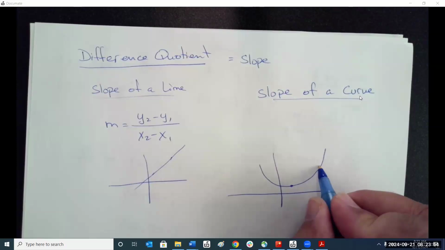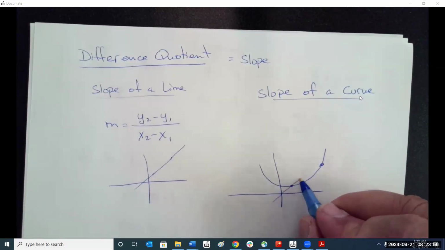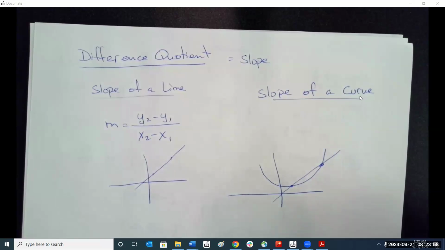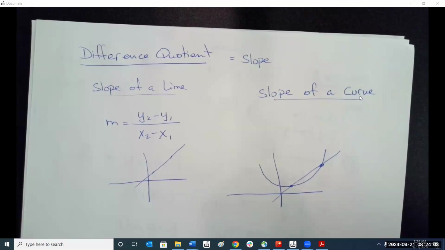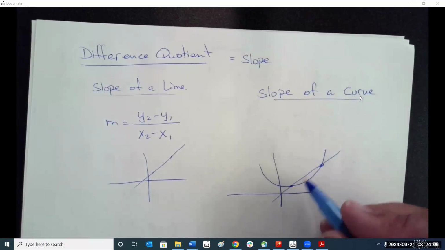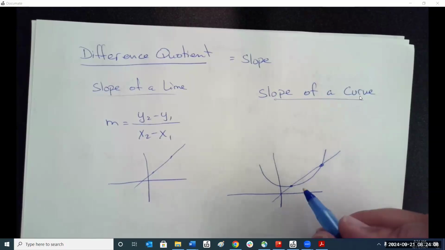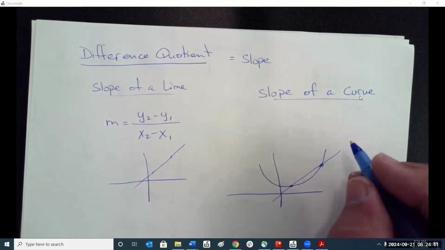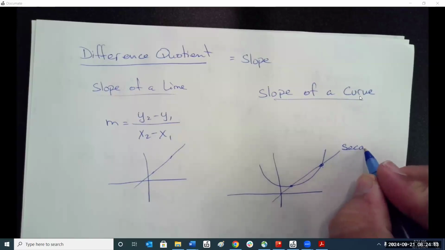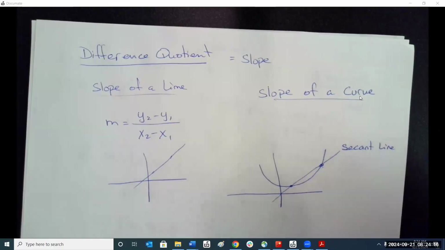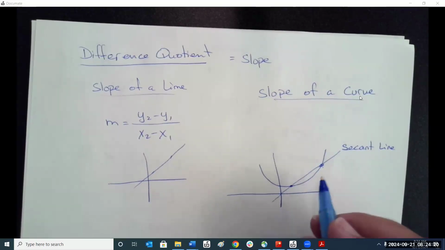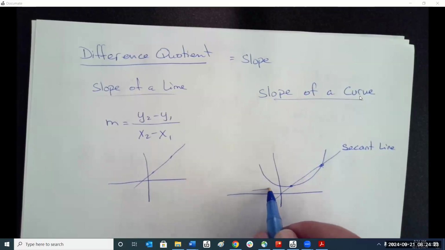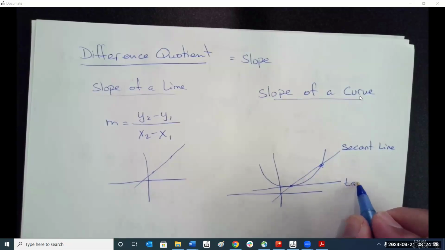If I had a point here and a point here, and I drew a straight line, that's not the slope of the curve. Whenever you have a graph and you draw a line and it crosses at 2 points, that's called a secant line. To find the slope of this curve, we need the slope of a line that touches the graph at one point. That's called a tangent line.